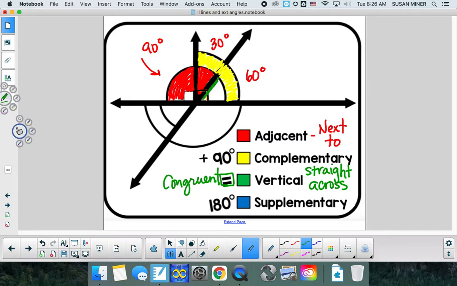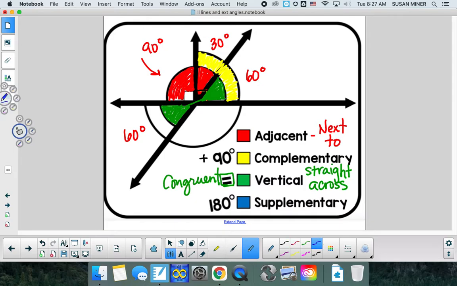So if I took this angle right here that was part of my 90 degrees, but just this one angle here, and went straight across the transversal, this angle that's straight across the transversal would be its vertical angle. They're straight across from each other, and they would have to be the same measurement. They're equal to each other. So this angle over here would have to be 60 degrees as well.